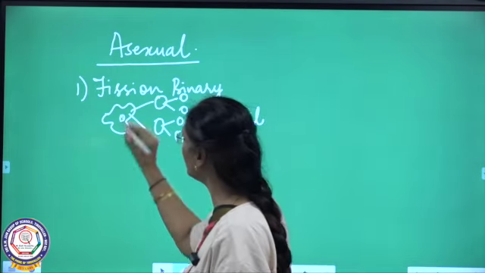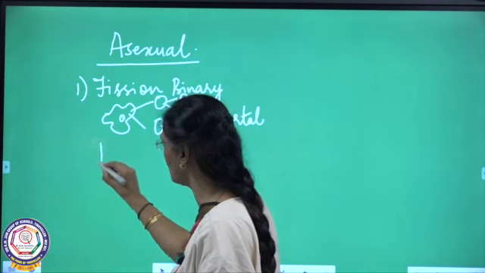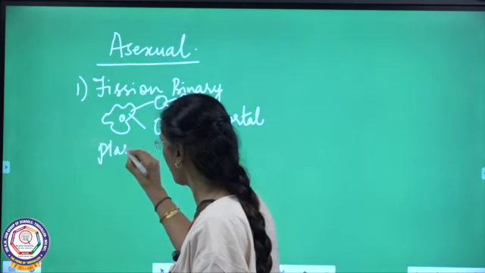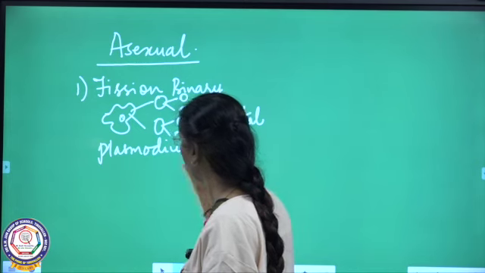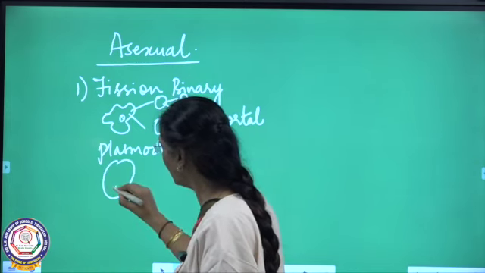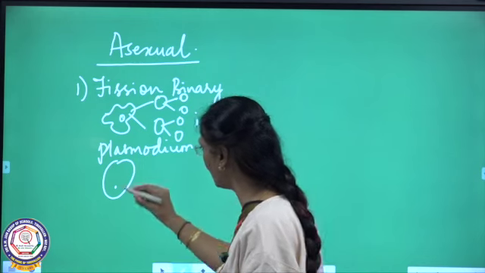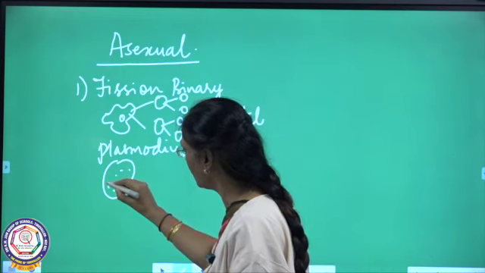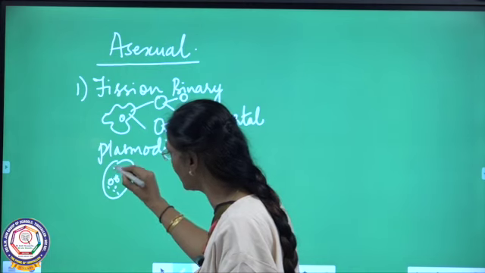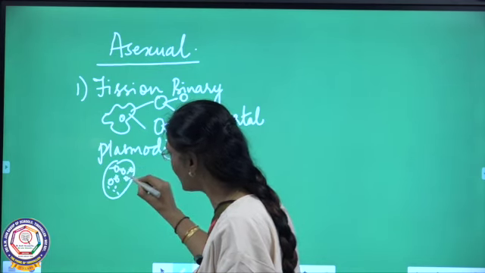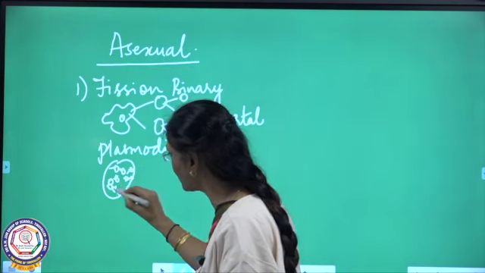And the second kind of fission we see in Plasmodium, a malarial parasite, the nucleus divides into many tiny bits and the cytoplasm encircles these nuclei, resulting in many individuals.